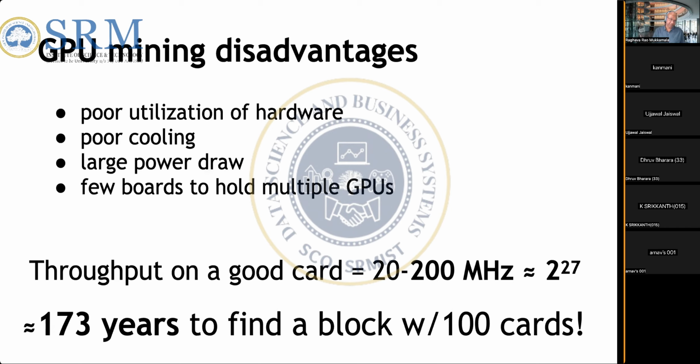But if you keep on increasing the hash difficulty, then it needs to try many times, millions and billions and trillions of times. So that's why it is taking so much time.